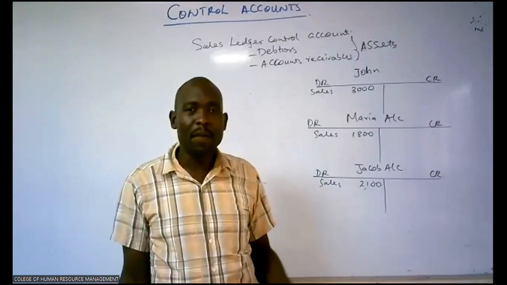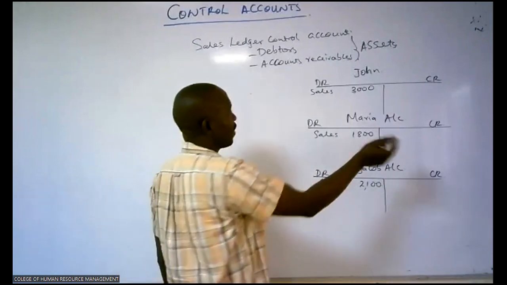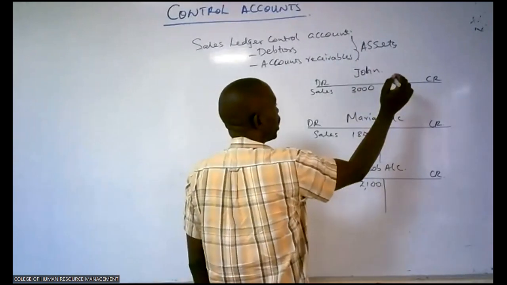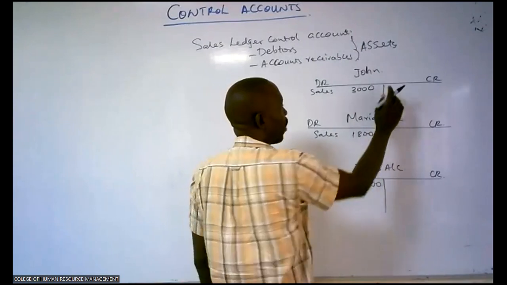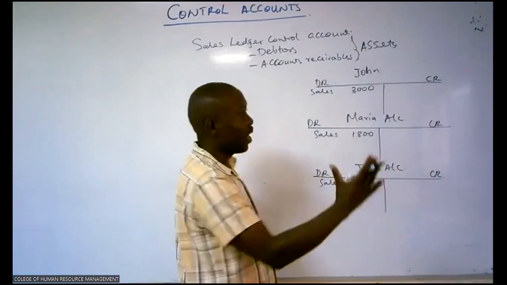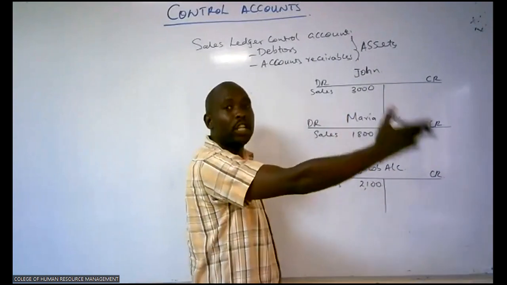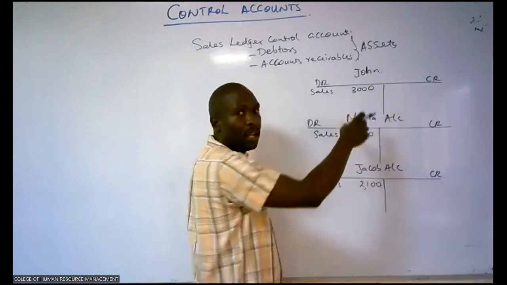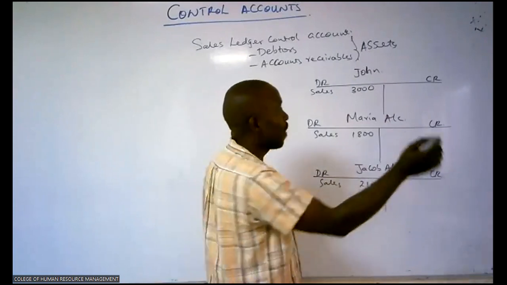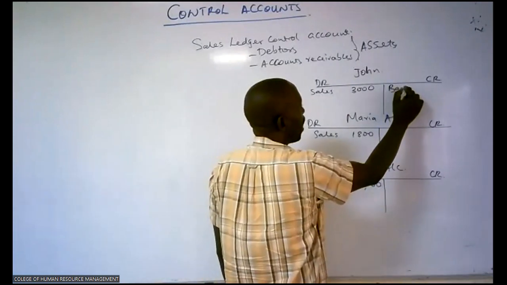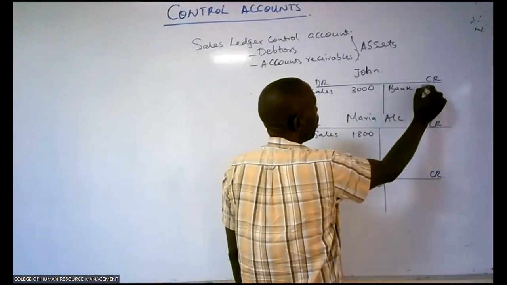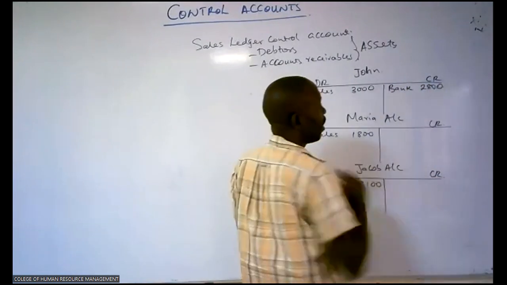Then at some point, maybe they are going to pay. Maybe at a certain date, John paid by check. So we shall credit this. When we sold the goods to him, we debited. But now when the debtor is paying, reducing the money that we debited, we normally credit. So we shall credit this one by bank. Maybe he has paid 2,800.